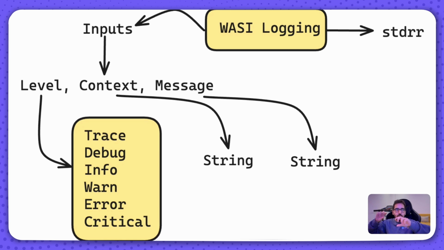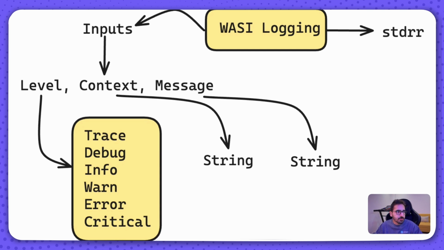You might have seen log and then level. There are different levels like trace, debug, info, warn, error, critical. Then there is a context, which can be a string, like stderr, and then comes the actual message, so that you know exactly what the message is when that particular log occurs.